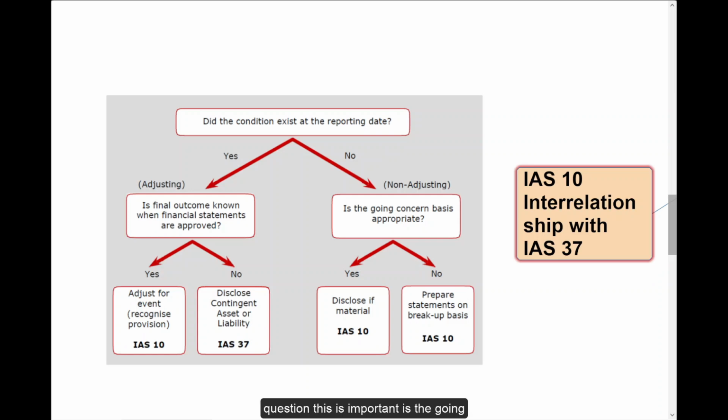This is important. Is the going concern basis appropriate? In other words, do we accept that the company will continue to operate in the normal way for the foreseeable future? Well, let's say yes, we do. On that basis, let's disclose if material in line with IAS 10.